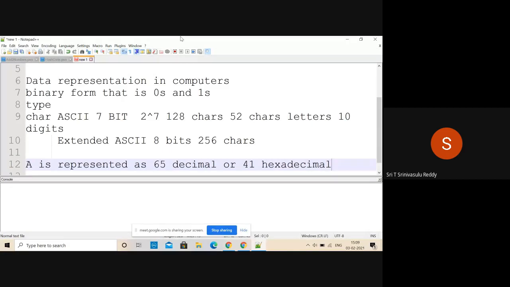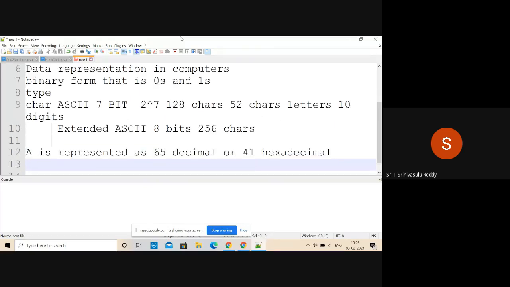Remember, we should be familiar with binary number representations and all that. I cannot go into those details at this stage. 41 hexadecimal is in hexadecimal notation, where the radix is 16. To convert hexadecimal to decimal is straightforward: 16 into 4 plus 1, which is 65 decimal. So A is represented like this.